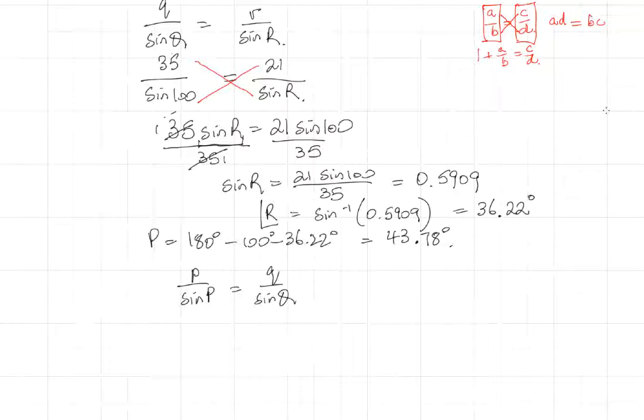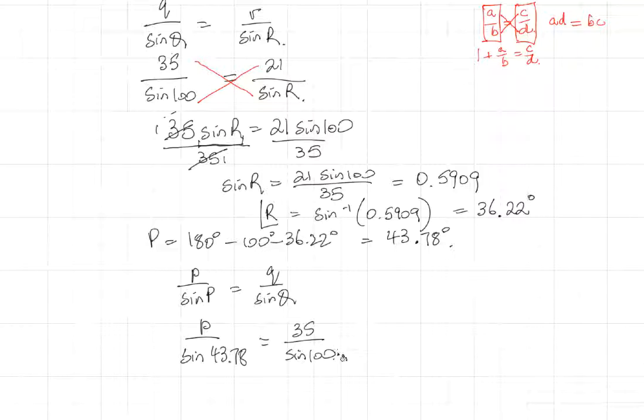And we're going to have to go back up there and get some values. So we're trying to find p over the sine of 43.78 equals q, which is 35, over sine of 100.